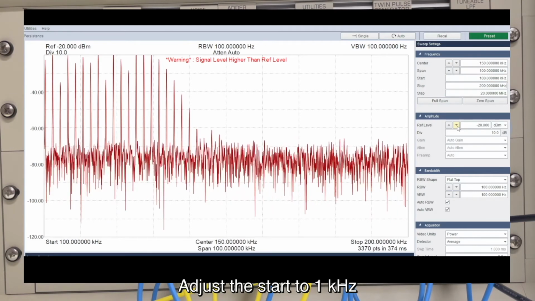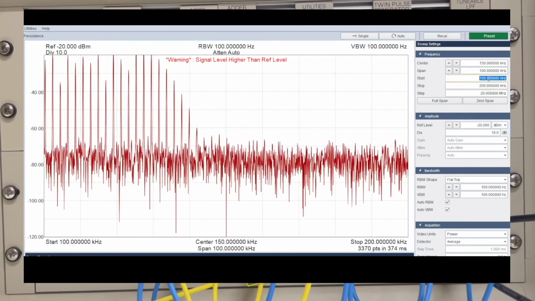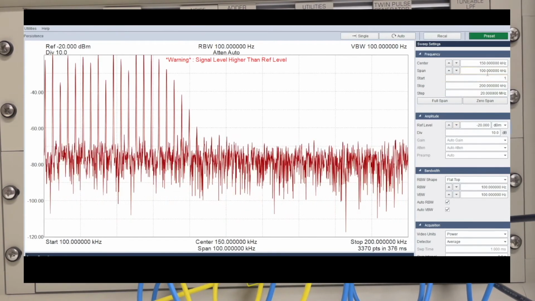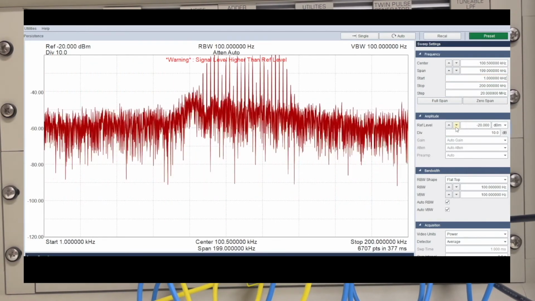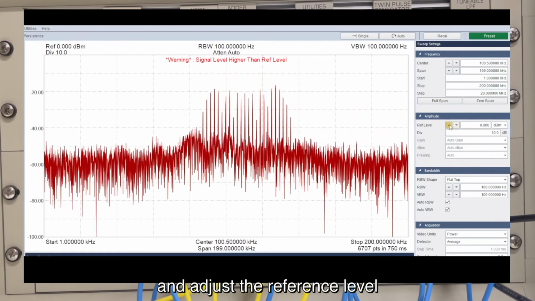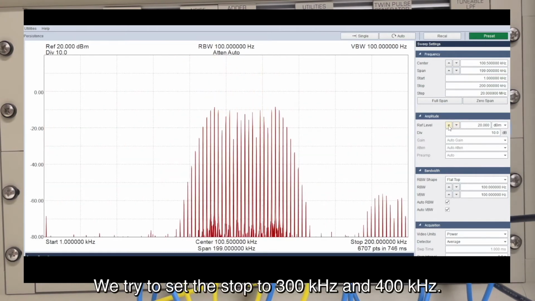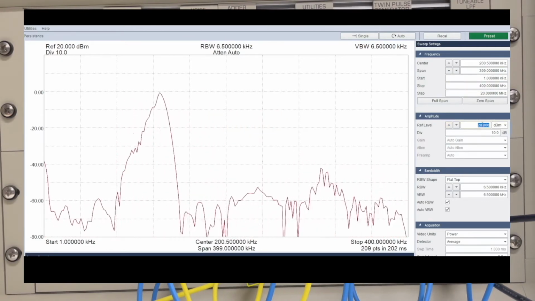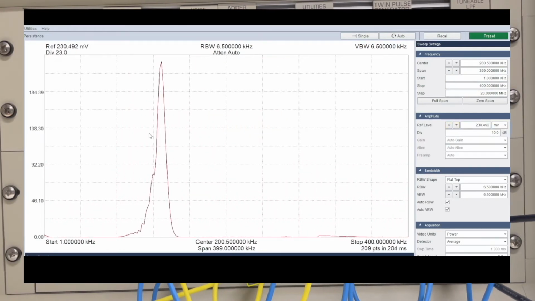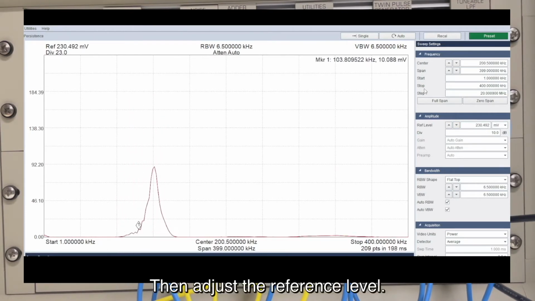Adjust the start to 1 kHz. And adjust the reference level. We try to set the stop to 300 kHz and 400 kHz. Then adjust the reference level.